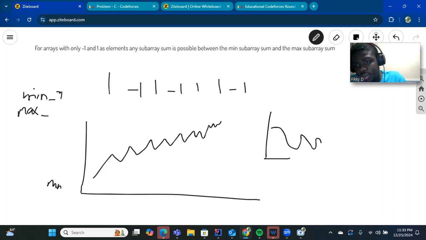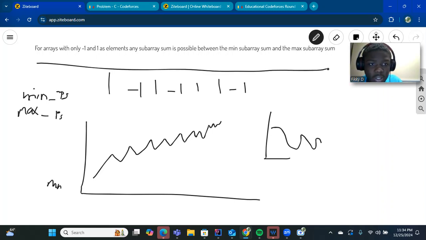So intuitively, if you can do this, this statement should be sort of obvious, because a subarray sum is just a difference of prefix sums, and if all those integers are available to you, then the max subarray sum is available.